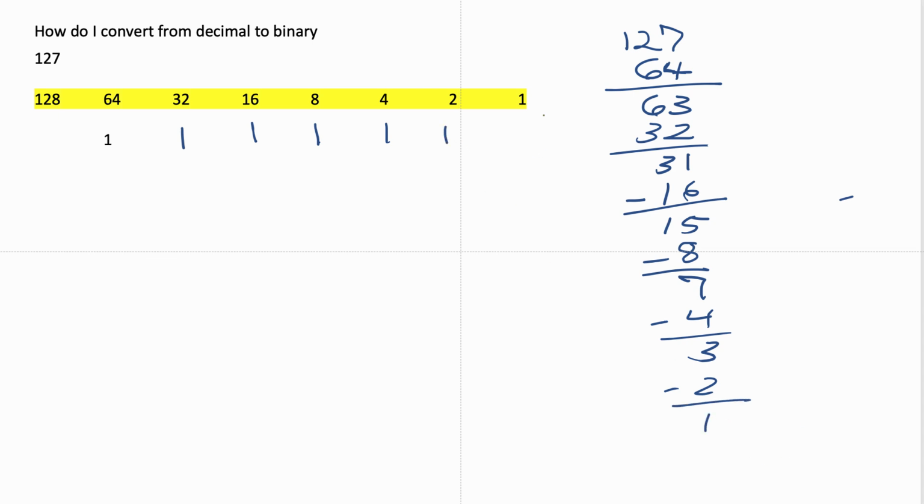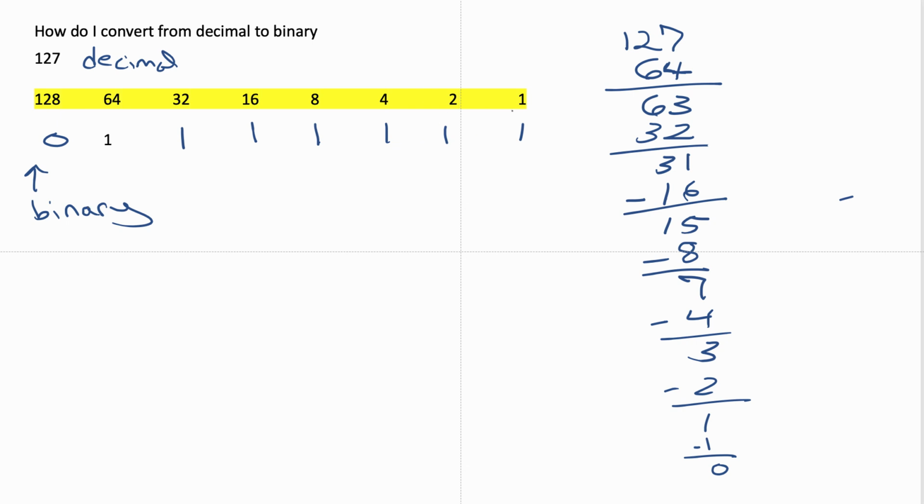And then this one's actually equal to 1, so we just put 1. Any spots we didn't use, we just put a 0 in. So this is the binary number equivalent to this decimal, the binary equivalent number that the computer could understand.